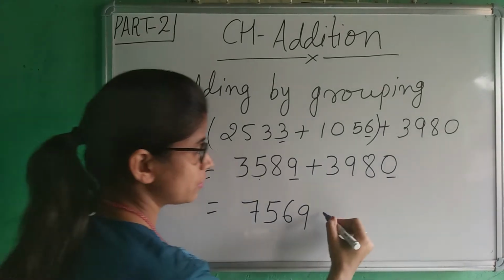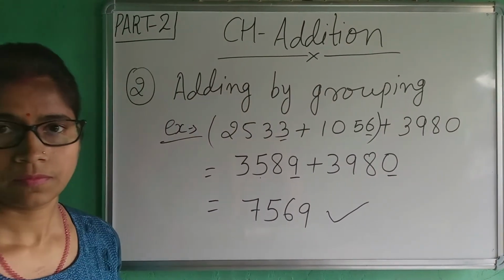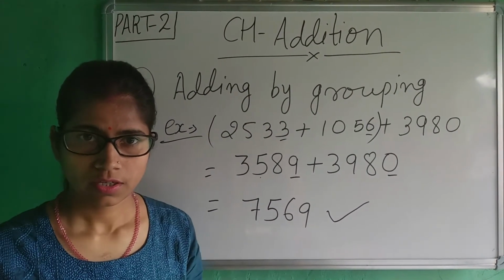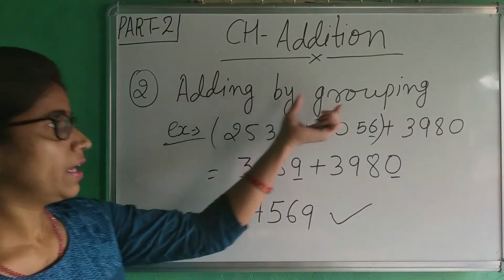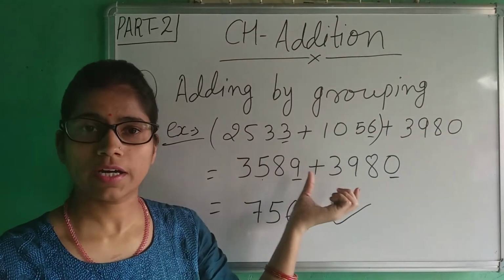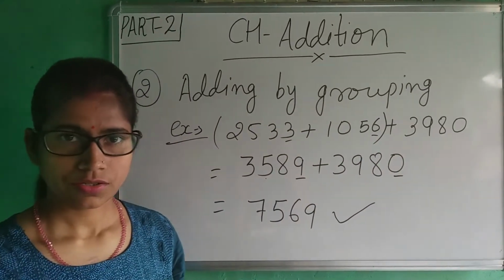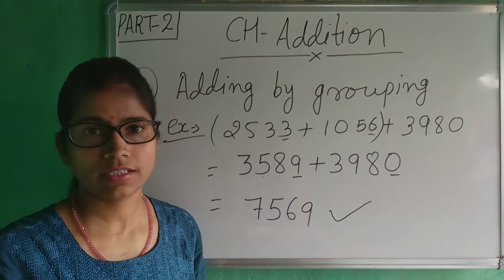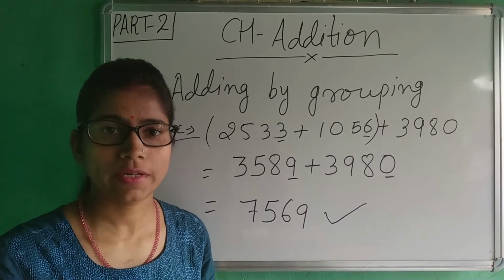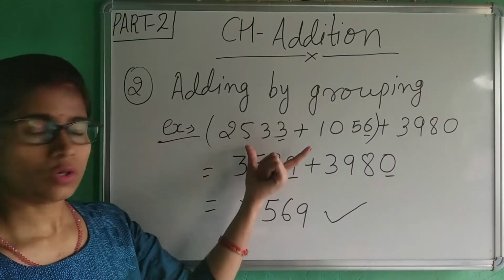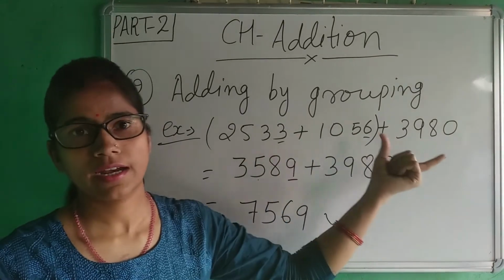So, here is your final answer. I hope that you have understood. I am repeating again. Adding by grouping. When you get two or more than two numbers in your question, then this is how you add this kind of sum. You can group the numbers and add like this.